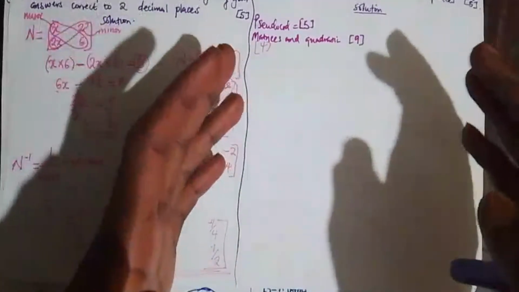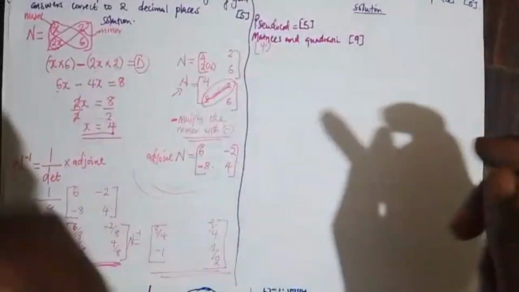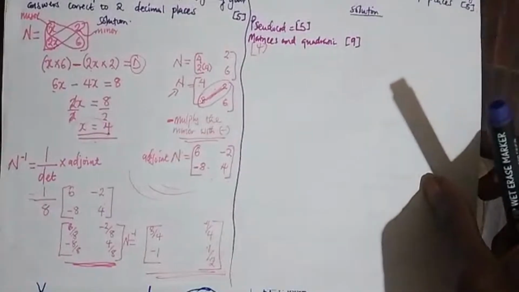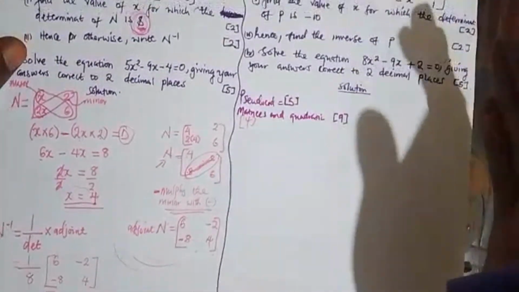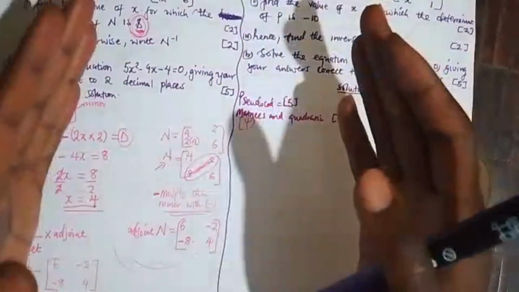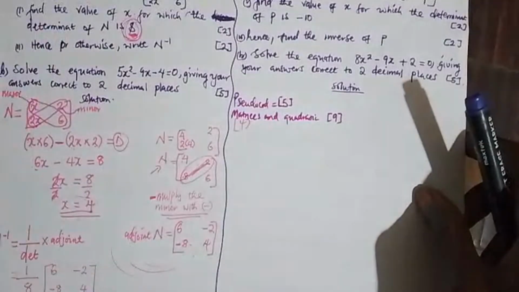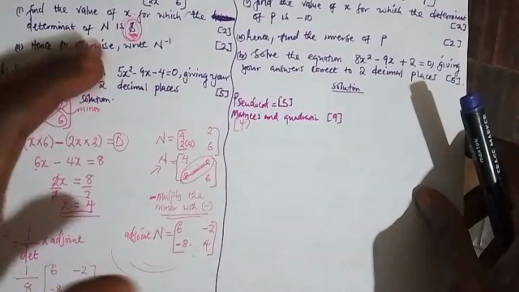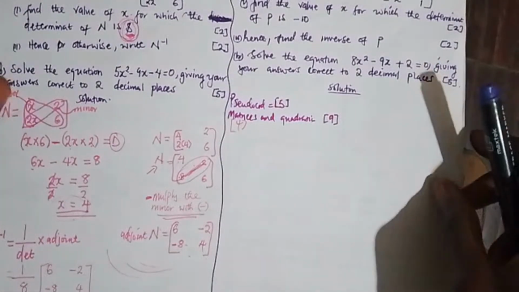This is how simple you can pass paper 2 if you follow what I'm showing you here. So now, for the sake of practice, let's solve the second question on matrix and quadratic equation. This question I'll be fast because I've explained how you can go about it in the first part.